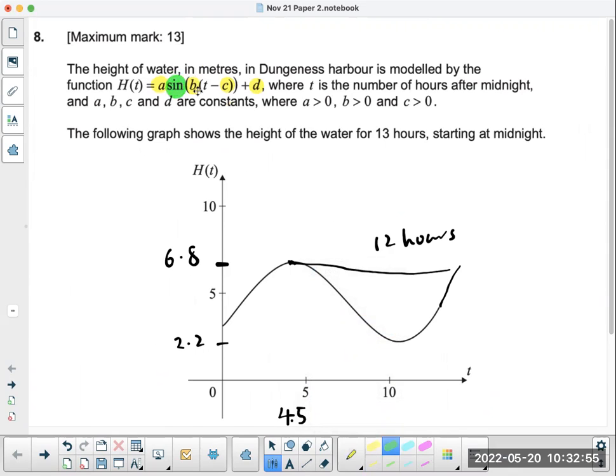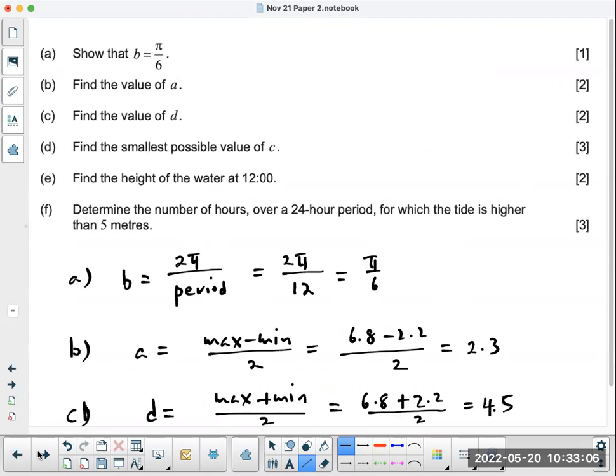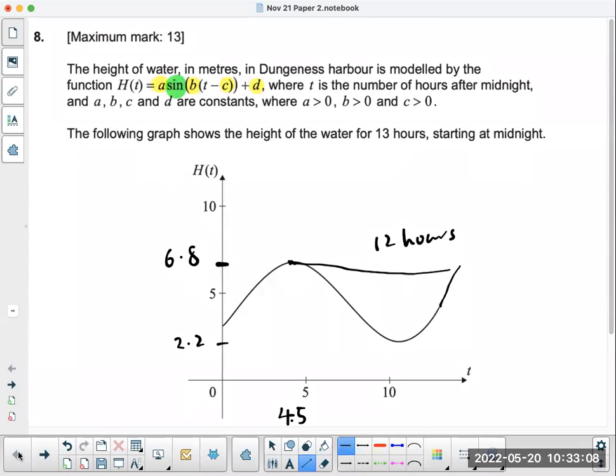A sine model tells you that you're starting in the middle. So halfway, what did we calculate again? It was 4.5, right? So somewhere here is what we're looking for. So we're looking at this particular point.